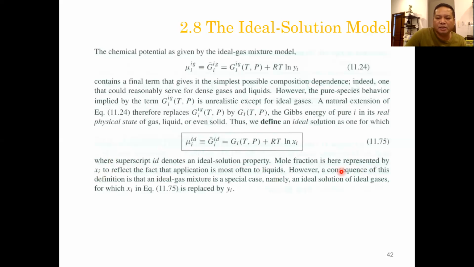However, a consequence of this definition is that an ideal gas mixture is a special case, namely an ideal solution of ideal gases, for which Xi in this equation here is replaced by Yi. Okay, right? So in gases, this is Y. In ideal solution, it is X.